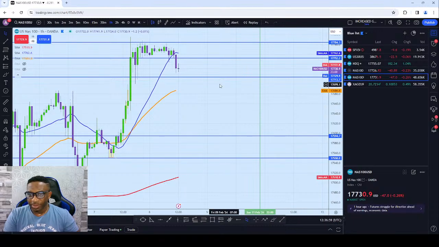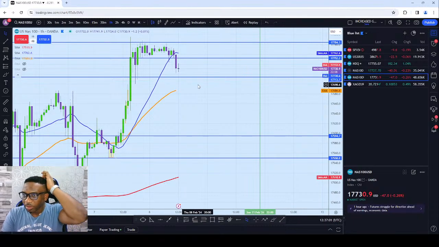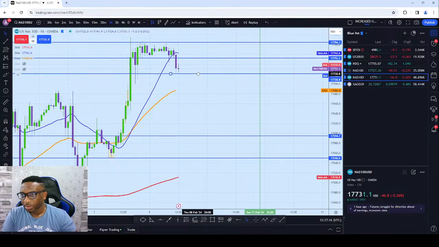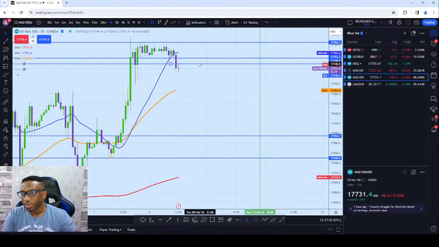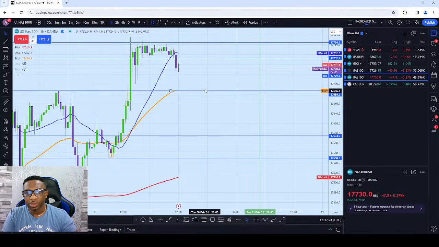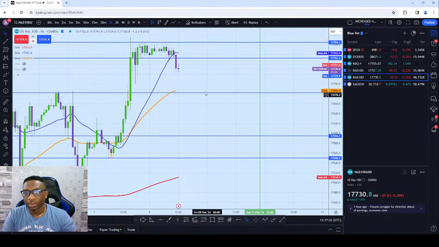On the 1 hour, we have this area of support, which I think is the 750. Which area is this? This is supposed to be 750. Okay, 750 is up there.